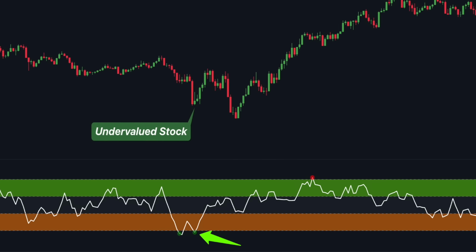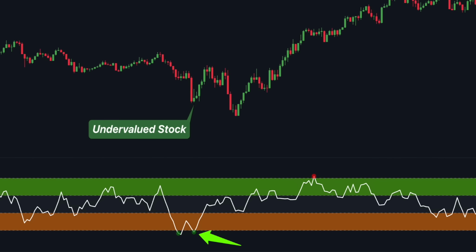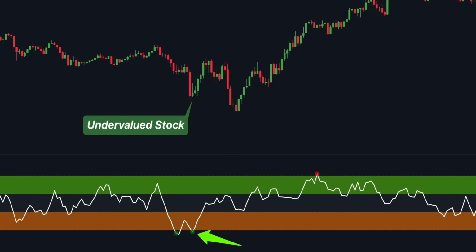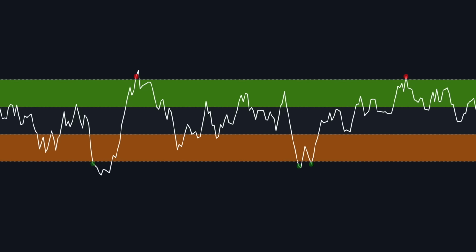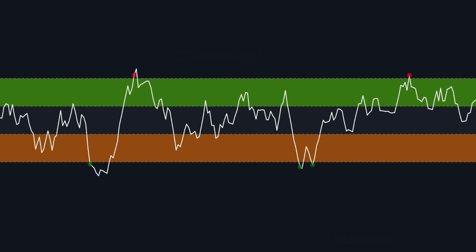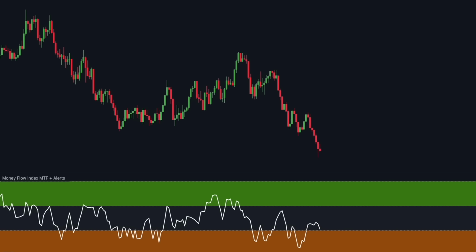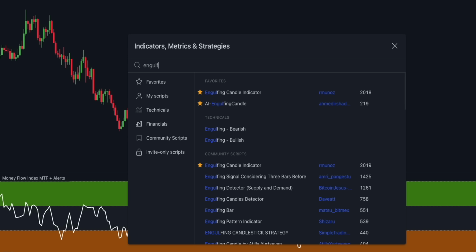Conversely, a reading below 30 indicates oversold conditions, implying that the instrument might be undervalued and due for a price rebound. We're using a modified version of Money Flow Index, which means that red or green circles indicate oversold or overbought conditions. The next indicator we're going to add is the Engulfing Candle indicator.